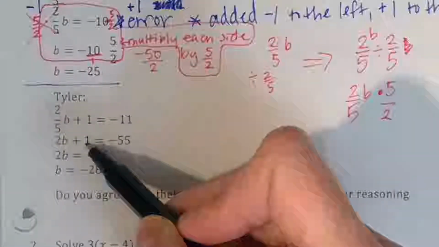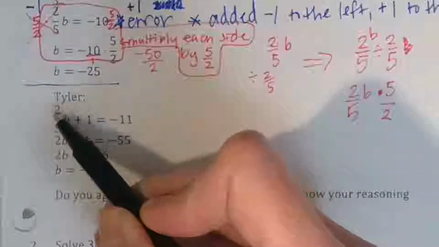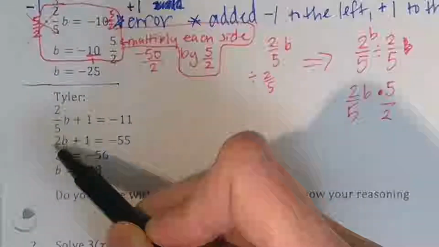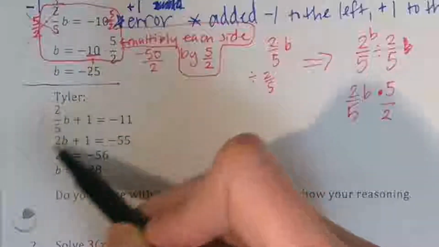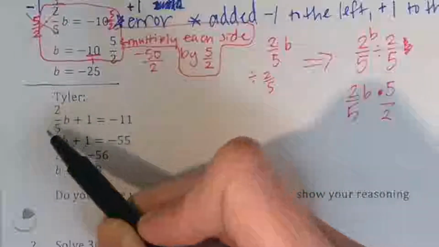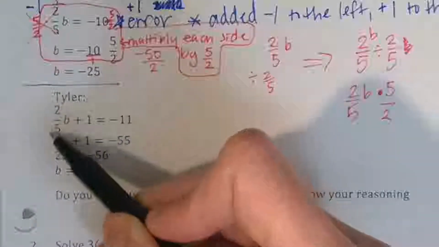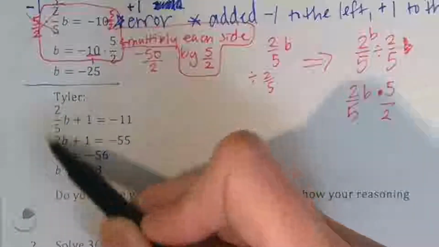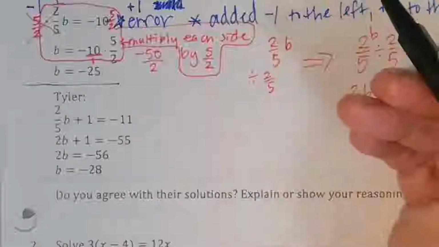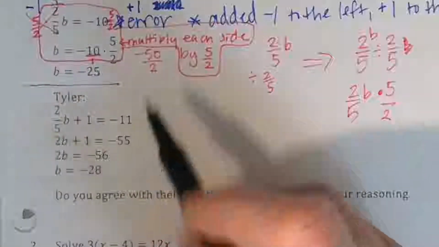The ones didn't change. So it looks like we did a little adding and subtracting with the b's. So something got added or subtracted with our b's. The only thing is whatever I do to one side, I have to do to the other. So if I'm adding or subtracting b's on the left, I would have to add or subtract b's on the right, but I don't have b's. So we're going to come back to this in a second.